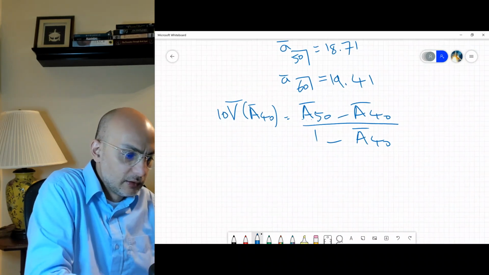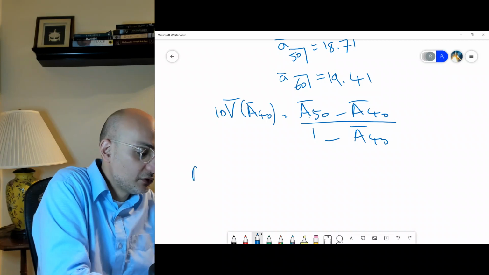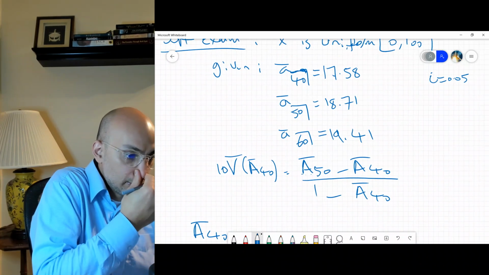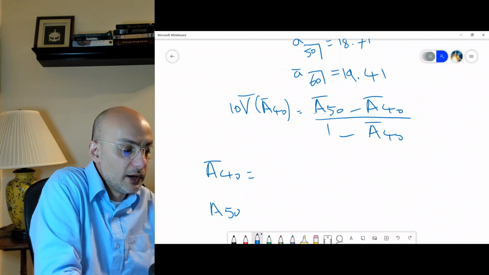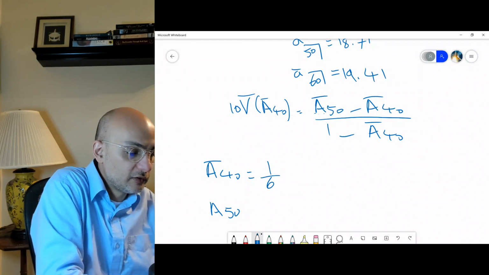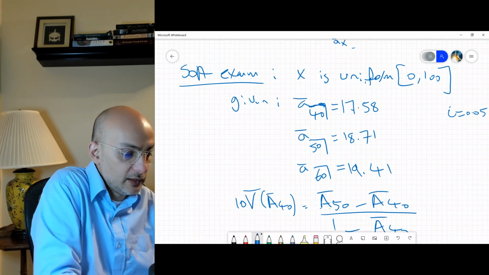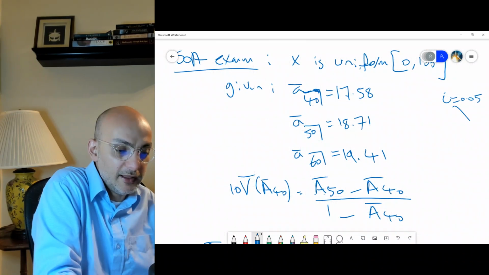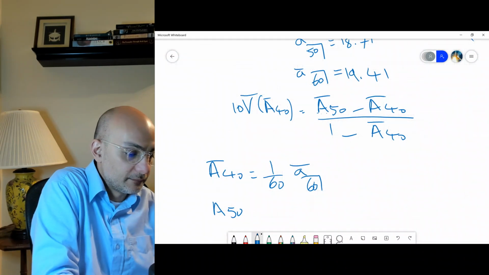So now you take them on the side, you need A40, so 2 terms you need, and A50. And A40 here is between 0 and 100, so 1 over 100 minus 40 is 1 over 60, A60, right? Do we have A60? Annuity certain, it's given here. So we don't even need the interest rate. A60 here is 19.41.